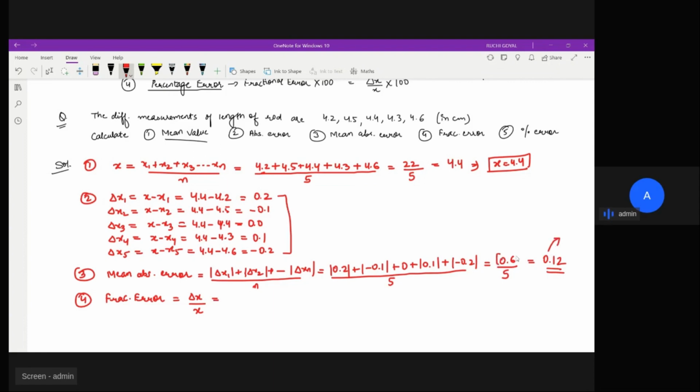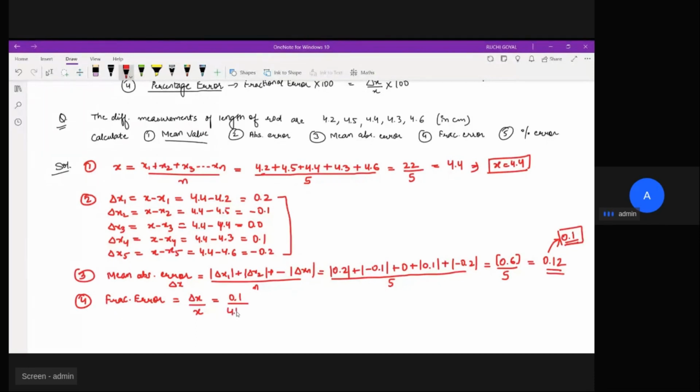This is 0.6, so we can write it as one significant figure, 0.1. So the final answer for delta x will be 0.1. And x, as we found in the first part, is 4.4.